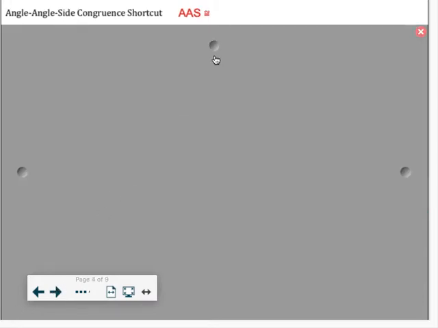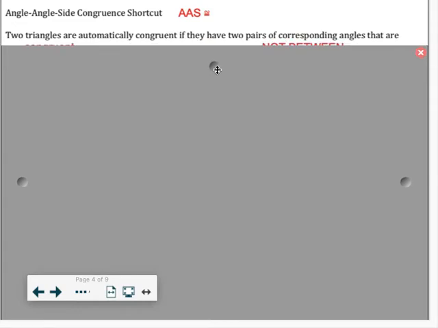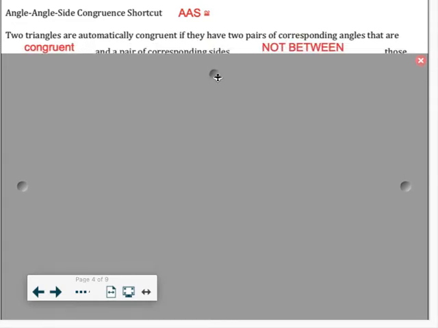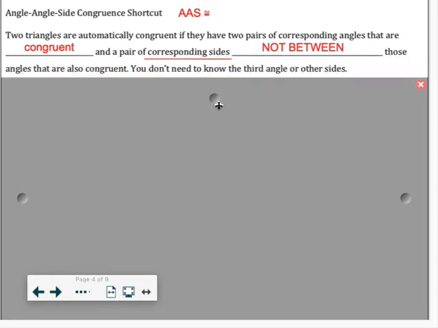Next, the third shortcut that did work for us was angle, angle, side. The formal definition is two triangles are automatically congruent if two pairs of corresponding angles are congruent and a pair of corresponding sides not between them are also congruent. To be angle, angle, side, that side should not be between the angles.